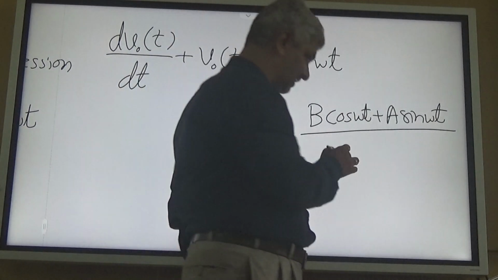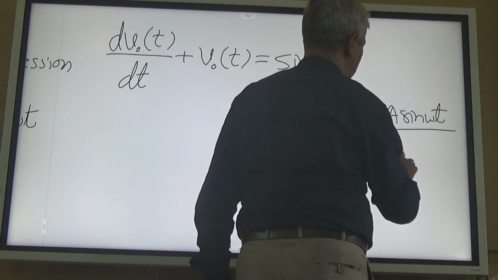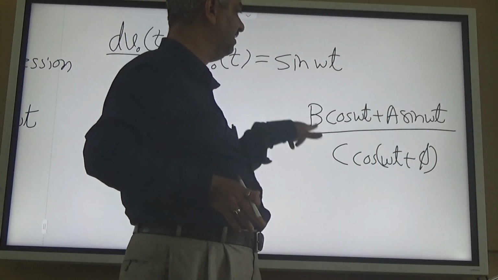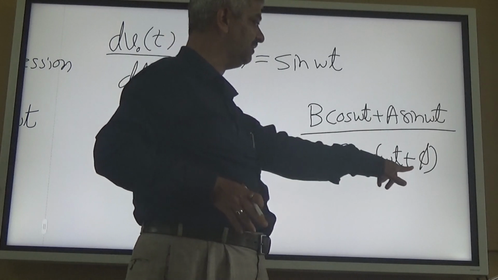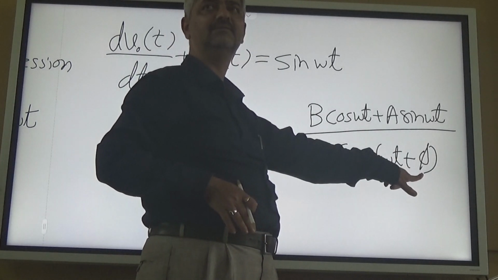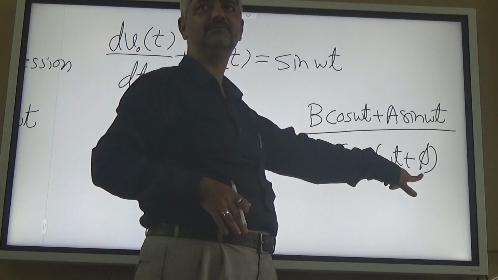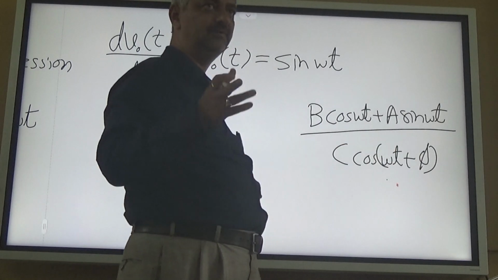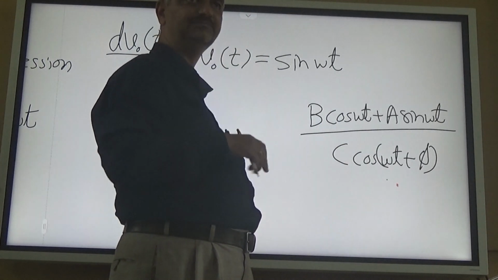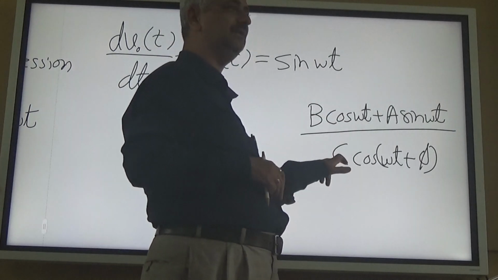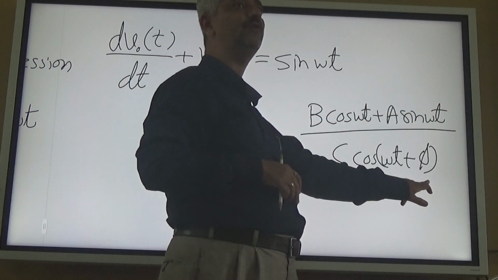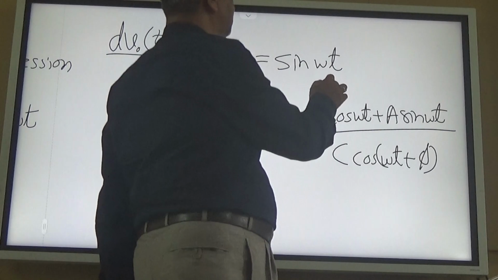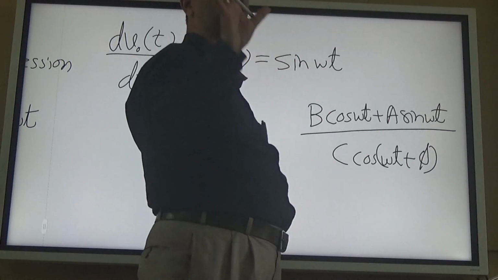C cos omega t plus phi, either way. So in this case what is C? Under root of A square plus B square, and what is phi? Phi is tan inverse of... you forgot this trigonometric identity. C is under root B square plus A square and phi is tan inverse of A upon B. So a sinusoid is of this type.